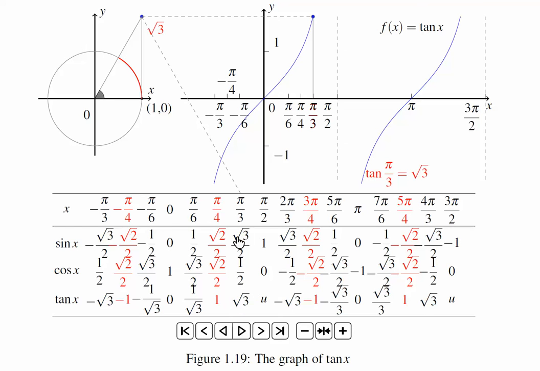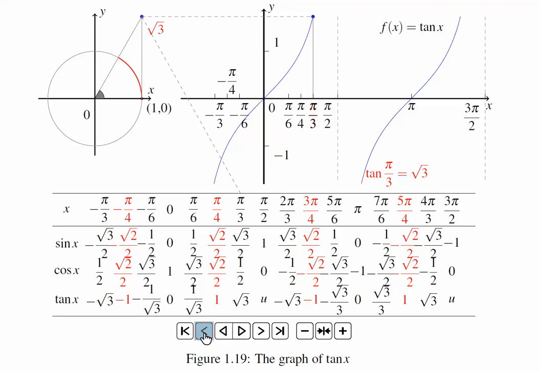The ratio radical 3 over 2 divided by 1/2 is radical 3. That's from the numerical perspective, and from the graph you can see that as well. So we got this point: x is pi over 3, and y is radical 3.